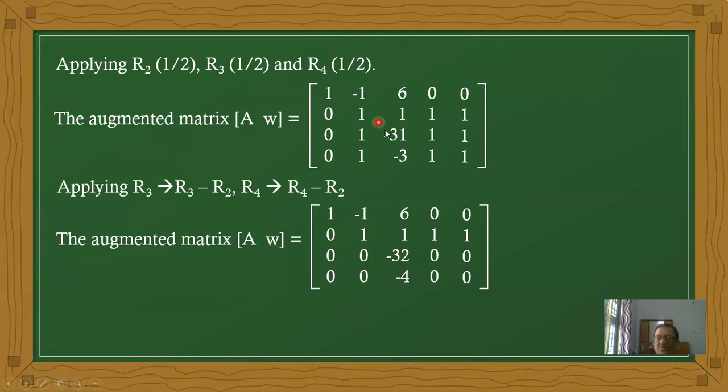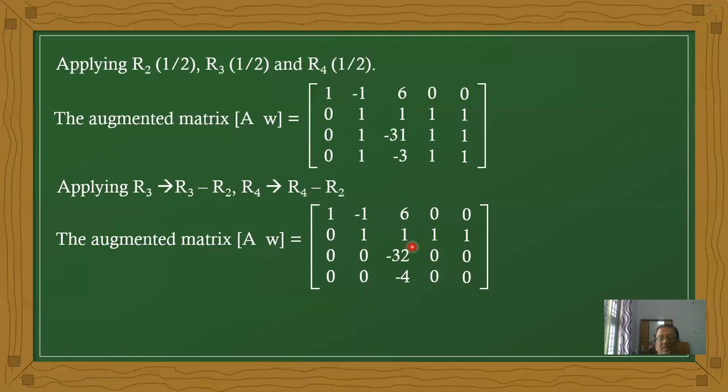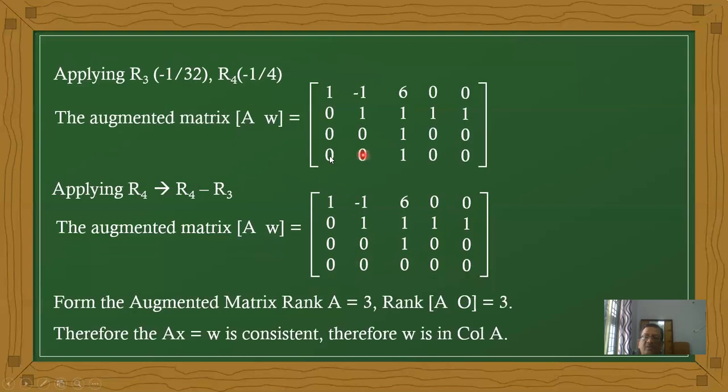Next 1 minus 1 is 0, minus 1 minus 4, minus 3 minus 1 minus 1, and the remaining are zeros now. Now the entire third row is multiplied by minus 1 by 2 and the entire fourth row is multiplied by minus 1 by 4. The values become 1 0 0 1 0 0 here, and the fourth row values become 0 0 1 0 now.